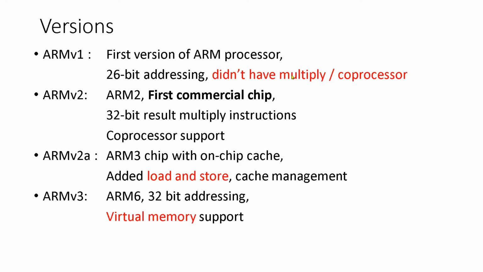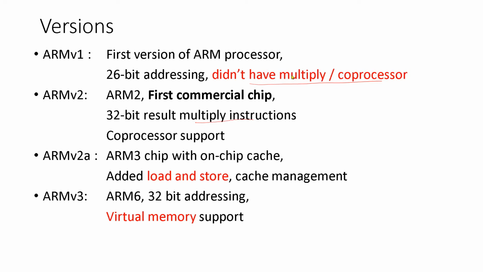So now let us see about versions. In the first version, we don't have multiply and coprocessor. It's just simple addition and subtraction. And in the second version, which is commercially launched, multiply instructions are supported.